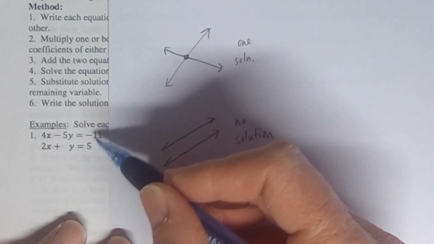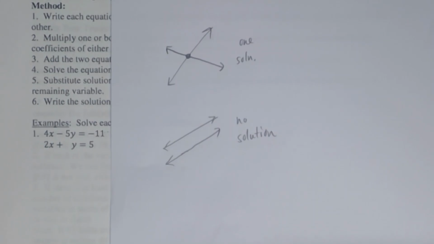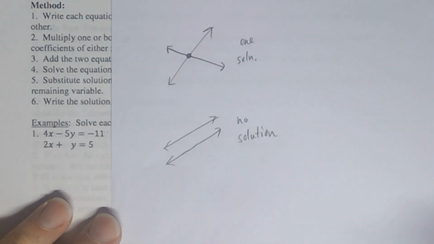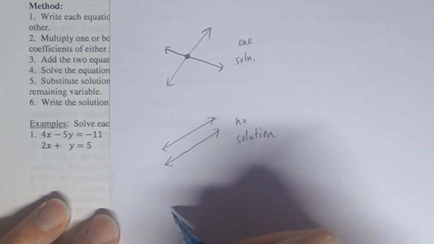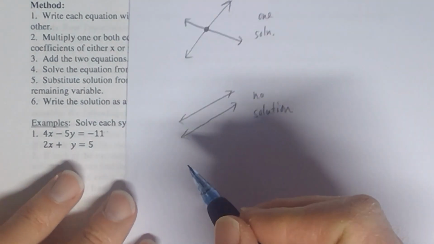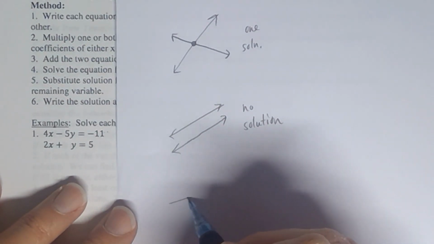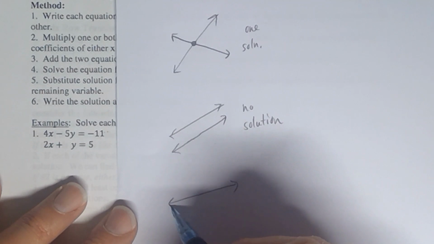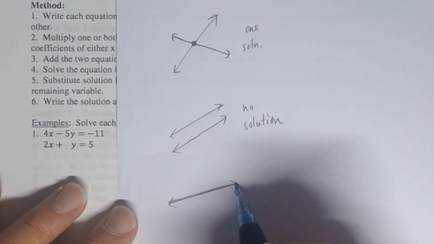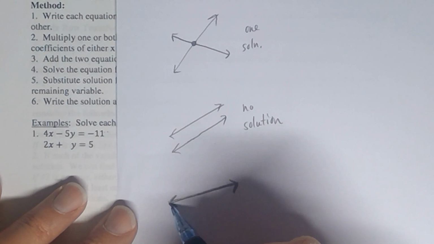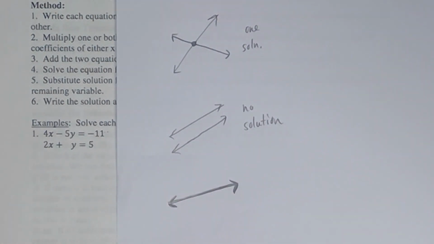What if we have two equations that look different, but they actually represent the same line, okay? Like, for example, let's say that you graphed the first equation, all right, and it looked like this. And then let's say you graph the second equation, it ended up being the same exact line. One line right on top of the other here. How many intersection points do you have when one line is right on top of the other?